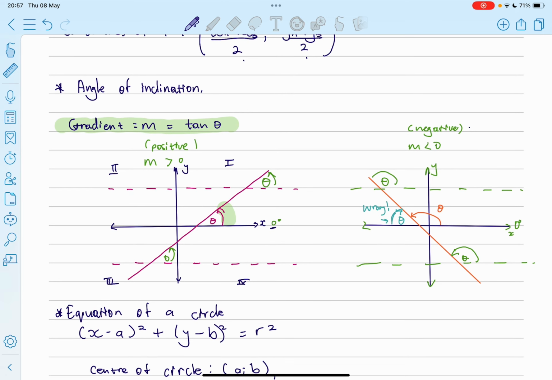So what is the angle of inclination? It is this angle over here that is formed between your x-axis and your line.